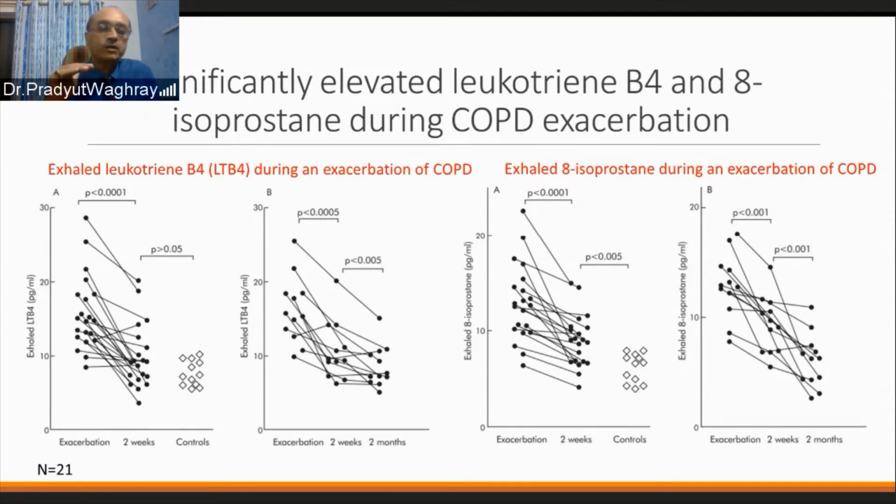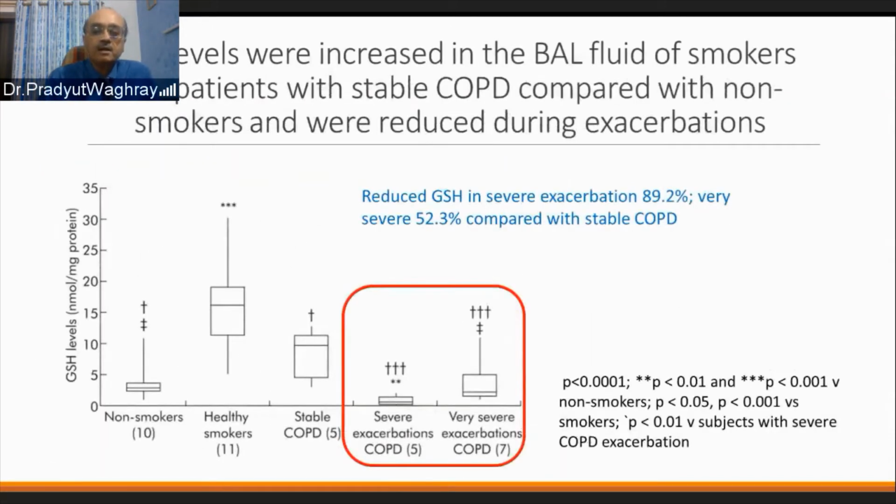With each exacerbation of COPD, the free radical production increases, and the damage continues for a longer time, up to 6 to 8 weeks as well. Now we have shown that the free radicals are increased, but what happens to the levels of glutathione, which is an antioxidant, which is supposed to counter these free radicals?